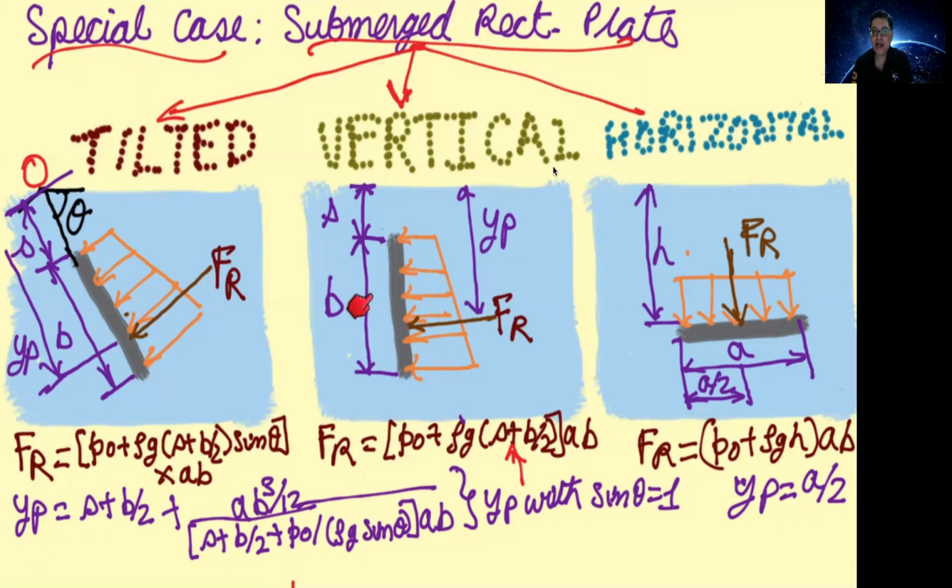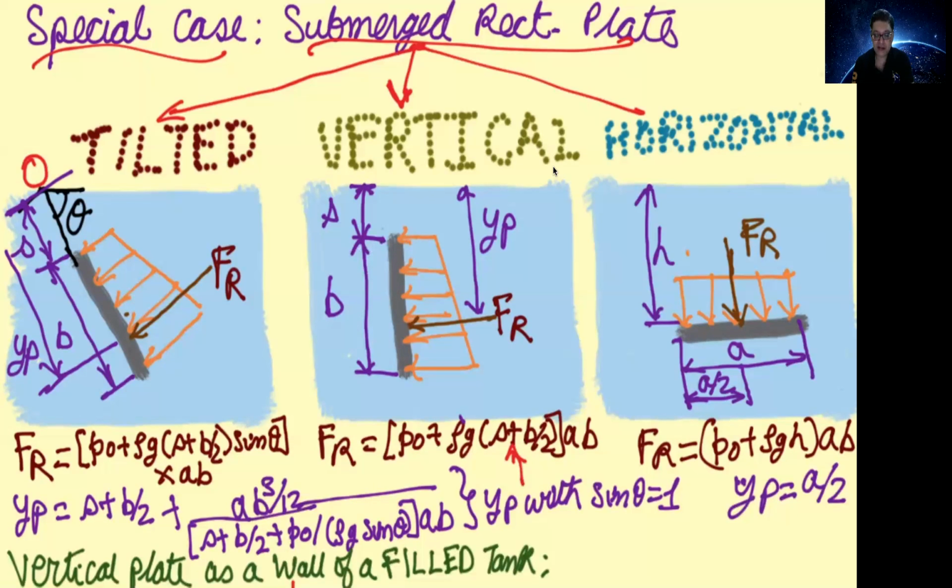If you subtract that force from the right hand side, basically you have to consider the gauge pressure. So let us consider a case where we are talking about a vertical plate as a wall of a completely filled tank. This is the vertical wall of a tank where you have liquid on this side, you have air on this side, which is at atmospheric pressure, and this wall is completely filled till top.